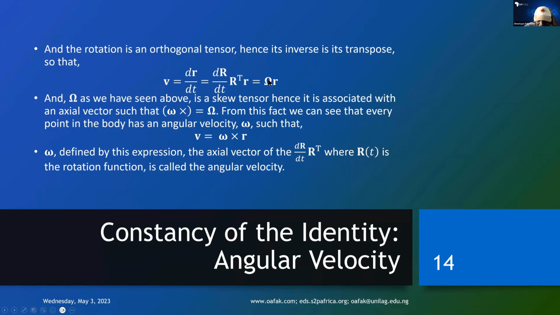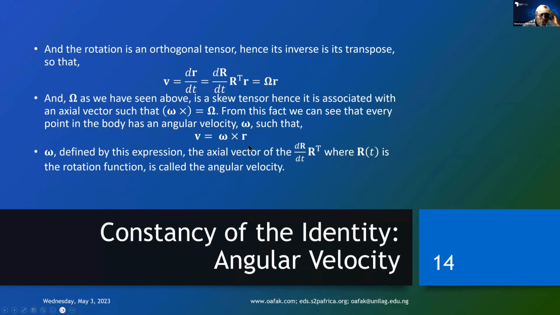We knew that omega is skew, and if it is skew, it has an omega cross. We have noticed that every skew tensor has a vector cross. So that's it. So omega defined by this expression, the axial vector of this rotation function, is called angular velocity. This is where angular velocity is actually defined, and angular velocity is simply omega cross R.